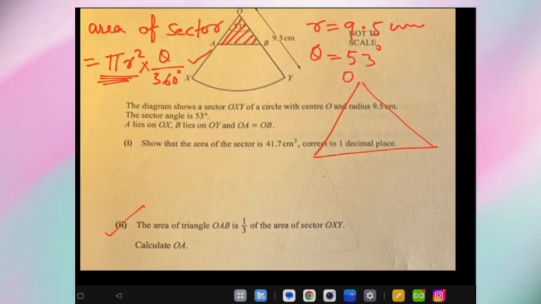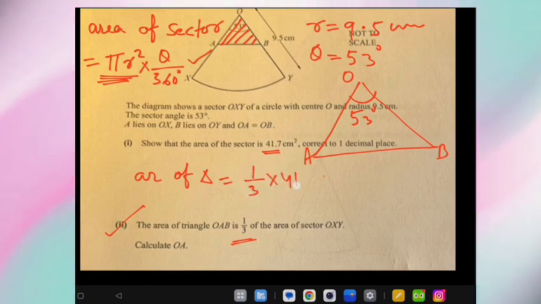So in this triangle OAB, what is given? This angle is 53 degree, and the area is given. Area is 1 upon 3 of the sector. So we write area of triangle is equal to 1 upon 3 multiplied by 41.7, right?